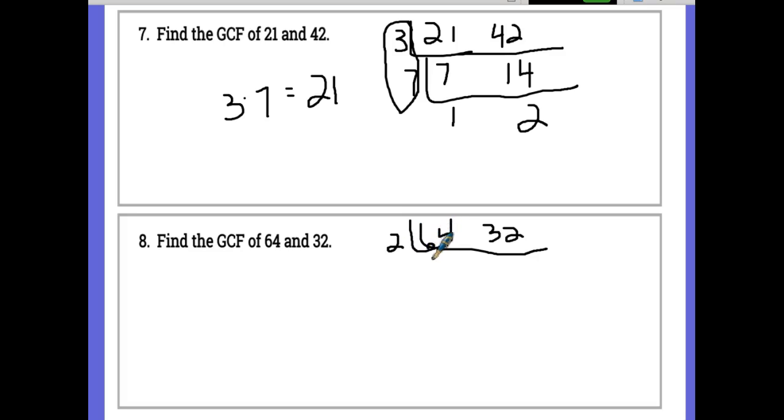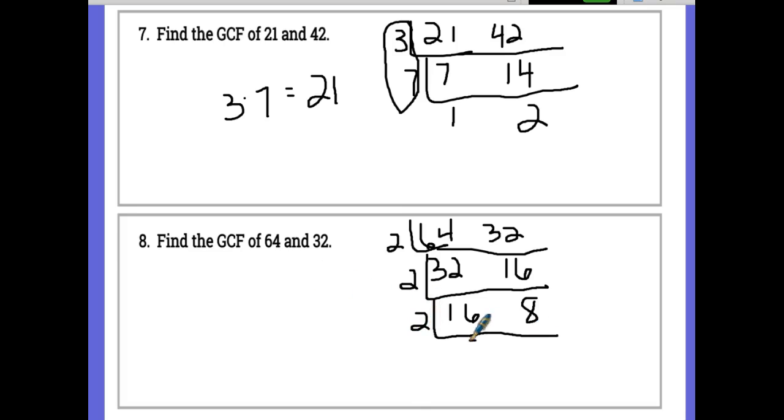And this is going to be 2 times 32 is 64, and 2 times 16 is 32. I can still use 2 as my smallest prime number, and 2 times 16 is 32, and 2 times 8 is 16. I can still use 2.